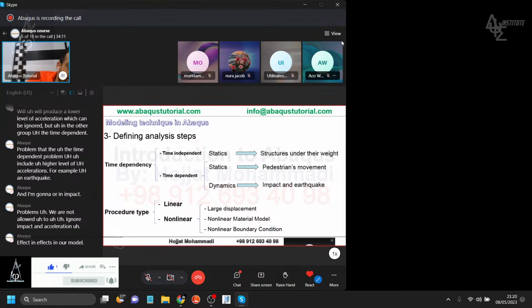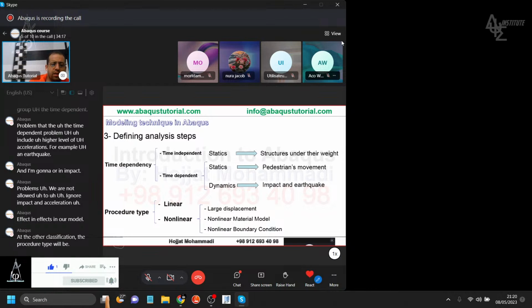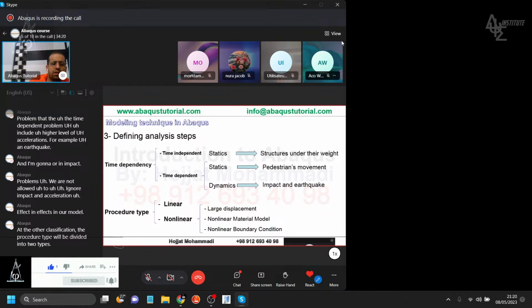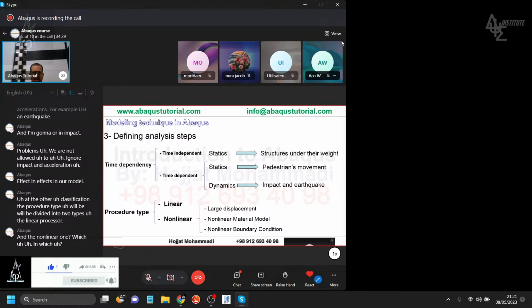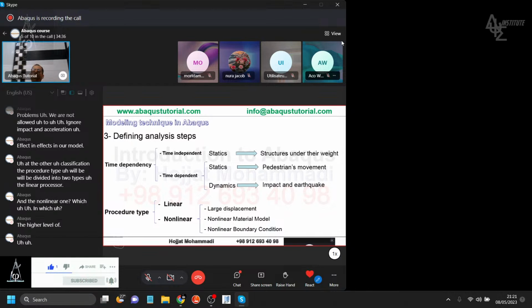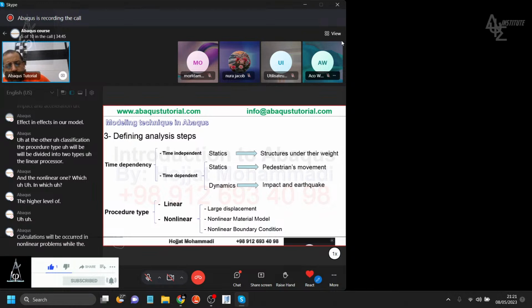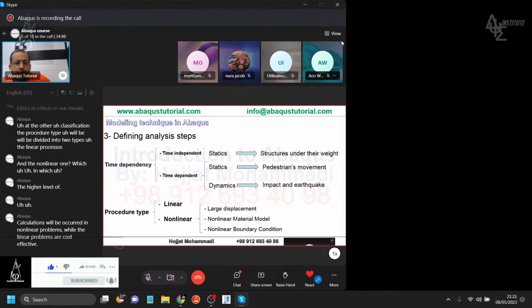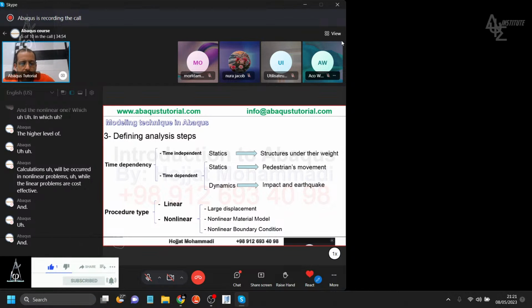In the other classification, the procedure type will be divided into two types: the linear procedure and the non-linear one, in which a higher level of calculations will occur in non-linear problems, while the linear problems are cost-effective and can be modeled easily.